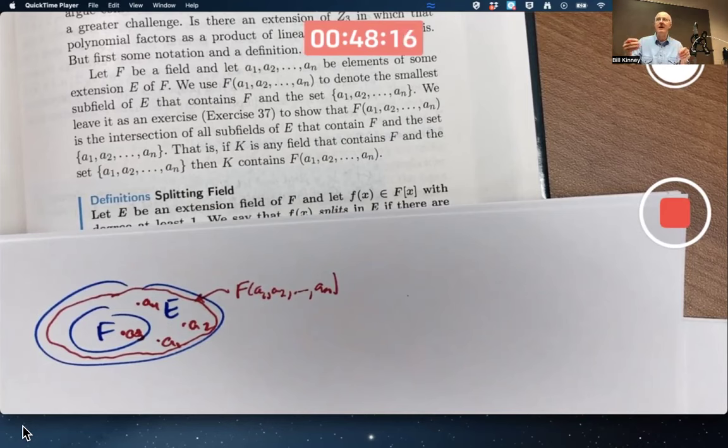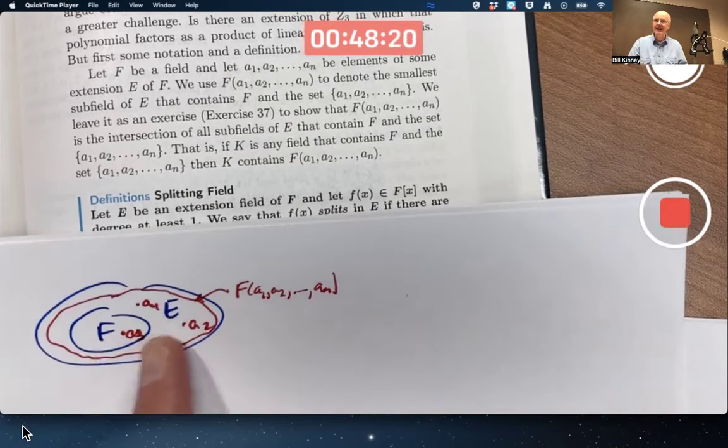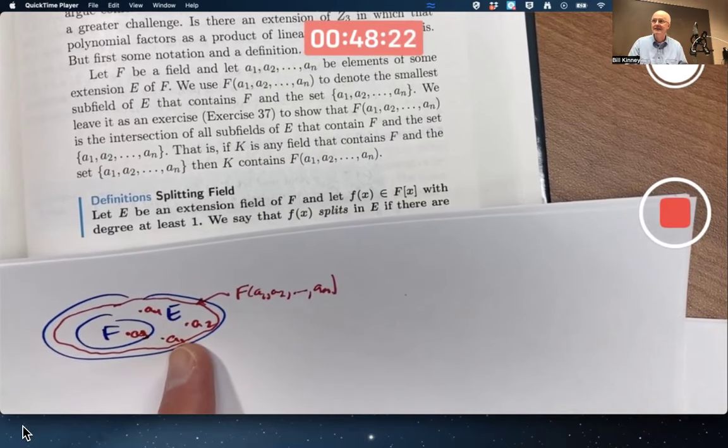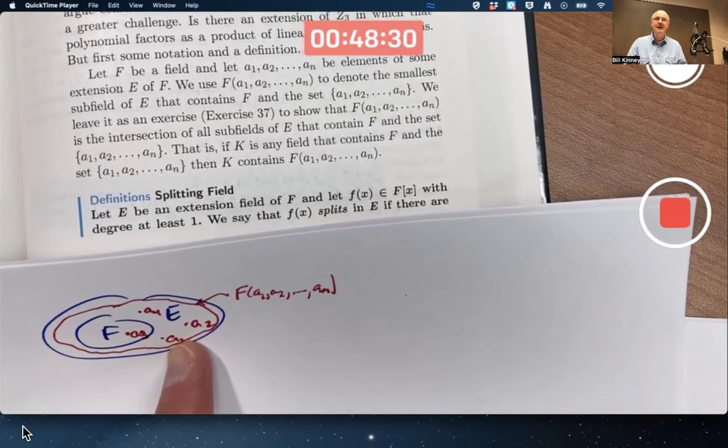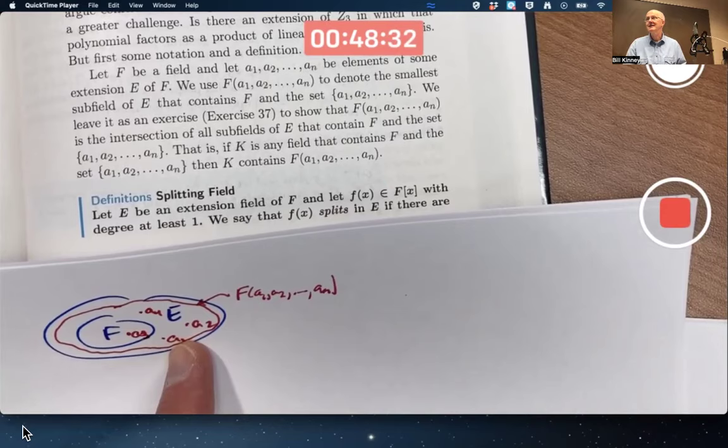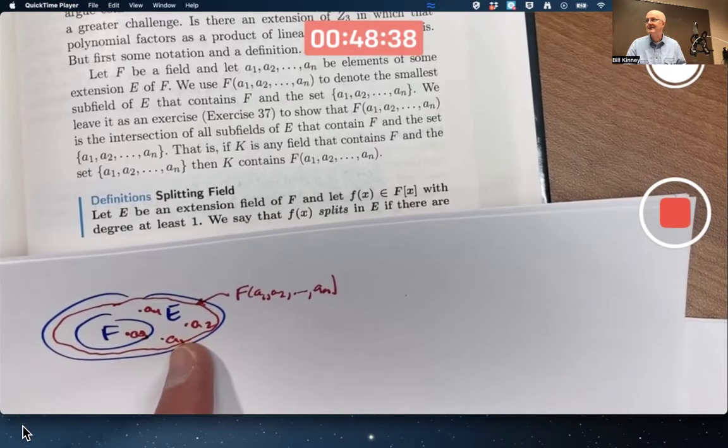It contains many more elements in E that are not in F besides the A's. For example, if it includes A1, it includes A1 squared, and A1 cubed, and A1 inverse, even if those are not one of the other A's.